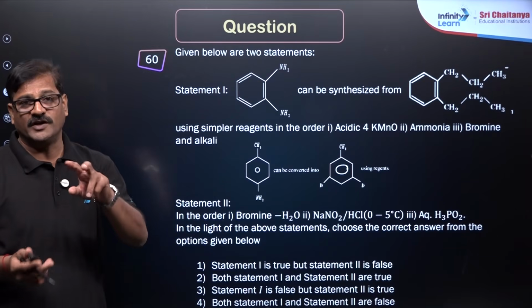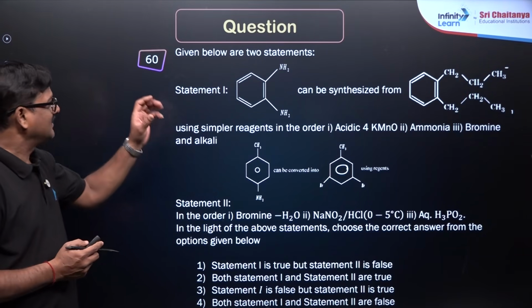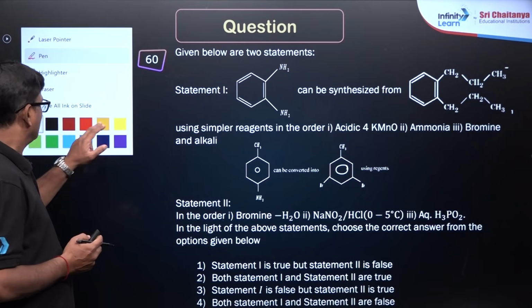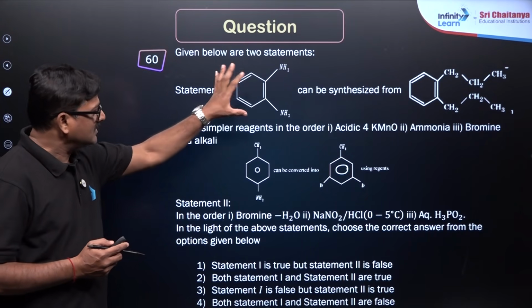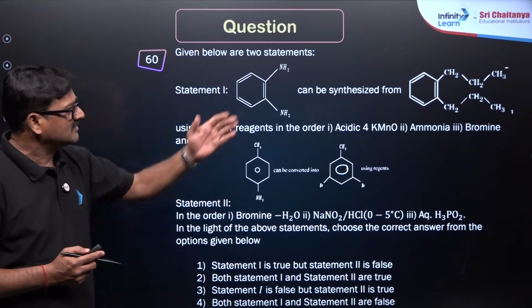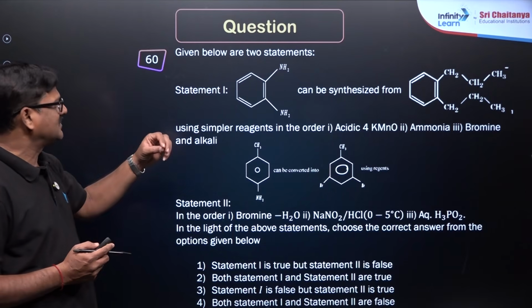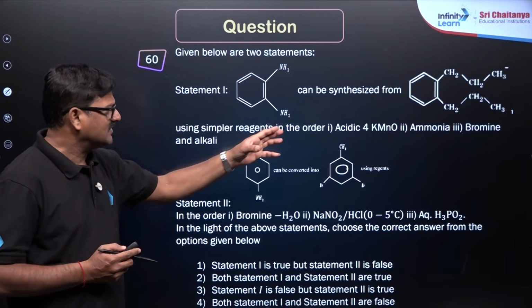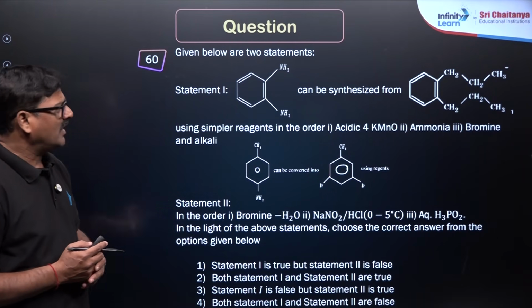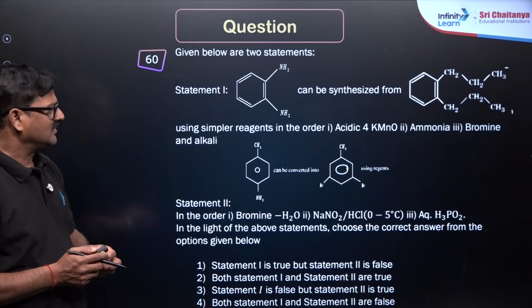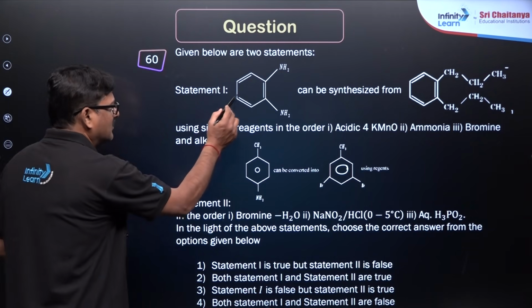Children, here two equations are given, statement 1 and statement 2. Let us see statement 1: this compound can be synthesized from that particular compound using simple reagents in the order acetic acid, KMnO4, ammonia, bromine and alkali. So, directly we can write in this way.